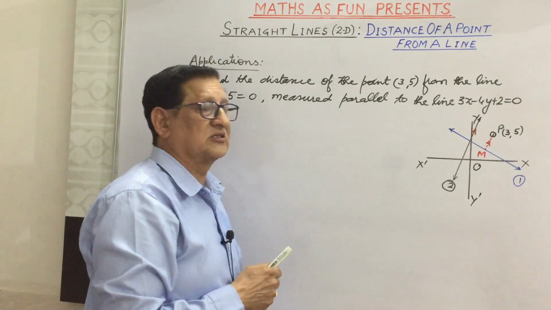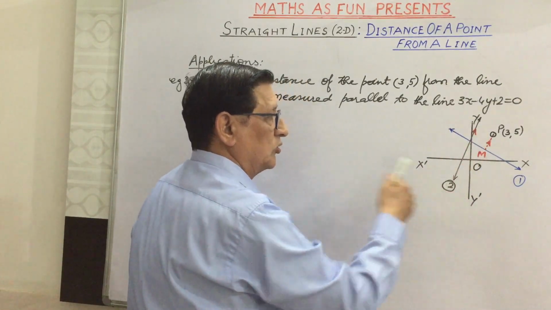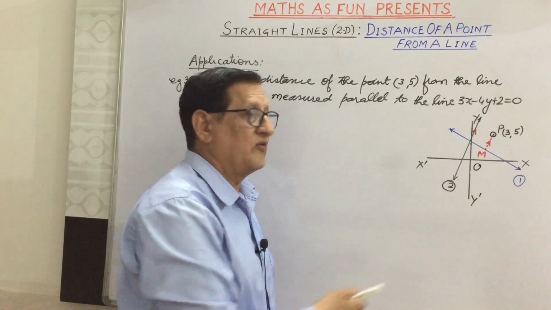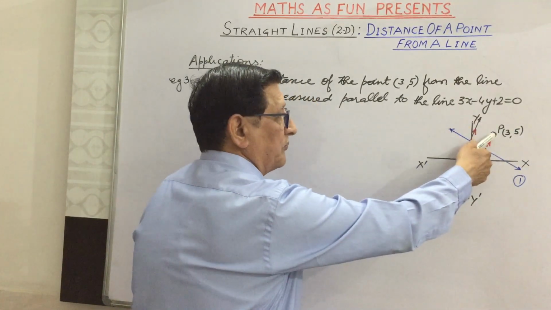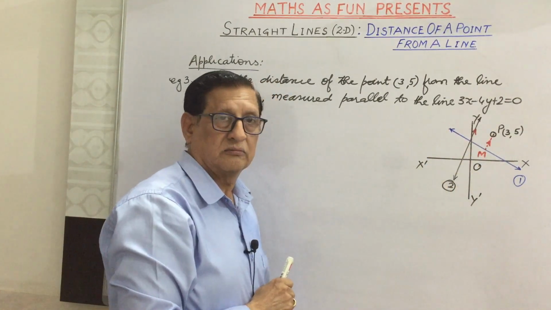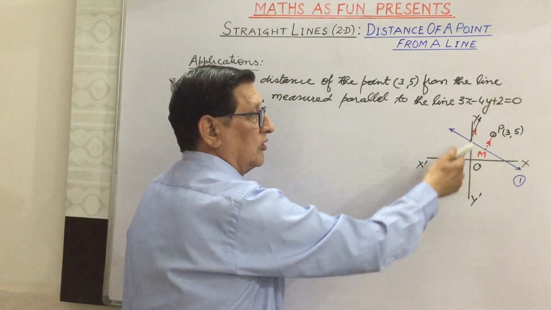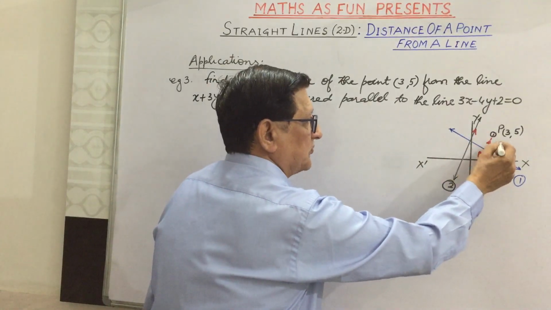To understand the concept, we draw the lines here. This is line 1, this is line 2, and this is the point P, 3, 5. We have to find out the distance of line 1 from P, that is parallel to this line. So we draw a line PM parallel to line 2 from point P. It means we have to find out this distance PM.